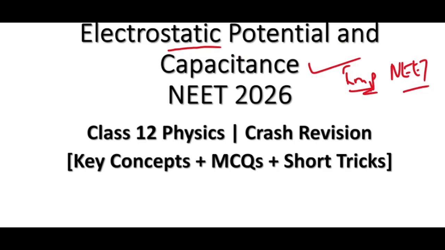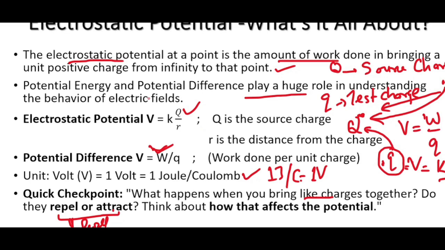Let me summarize once again what we have done till now. Electrostatic potential at a point is the amount of work done in bringing a unit positive charge from infinity to that point. Potential energy and potential difference play a huge role in understanding the behavior of electric fields. The test charge is being brought towards the source charge.